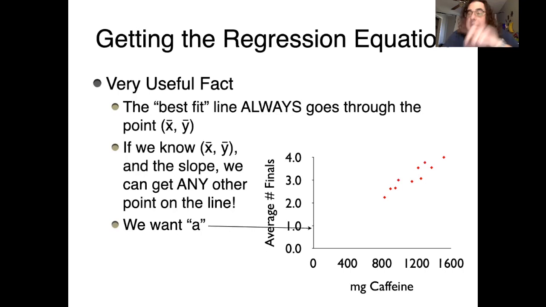All right. Now that we have the slope, we really only have one missing element in that equation to get the regression line. That's A. That's the intercept. But it might seem like we're stuck. What we need to know then is something about that line that will anchor it to a point in space.